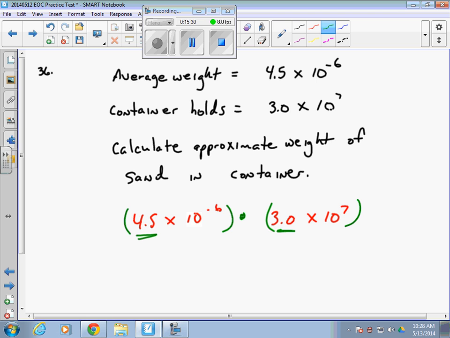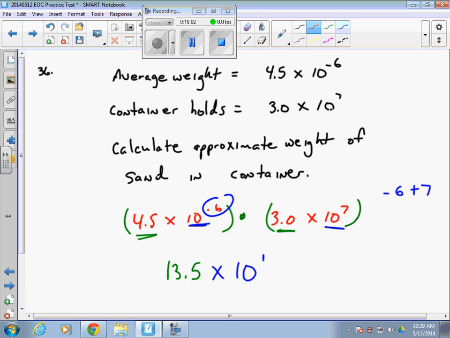4.5 times 3.0. You get 13.5 when you multiply those two together. Then you're multiplying the same base, 10 and 10. You're multiplying the base, so you add the exponents. Negative 6 plus 7, you get times 10 to the positive 1. But what's the problem with this in regards to scientific notation? 13.5 is too big.